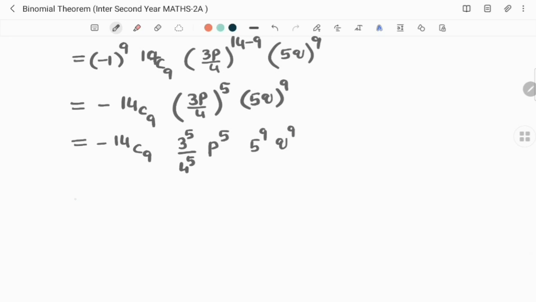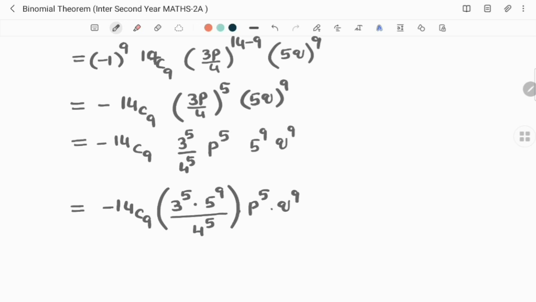So which is equal to minus 14C9, 3 power 5 into 5 power 9 divided by 4 power 5, into p power 5 into q power 9.